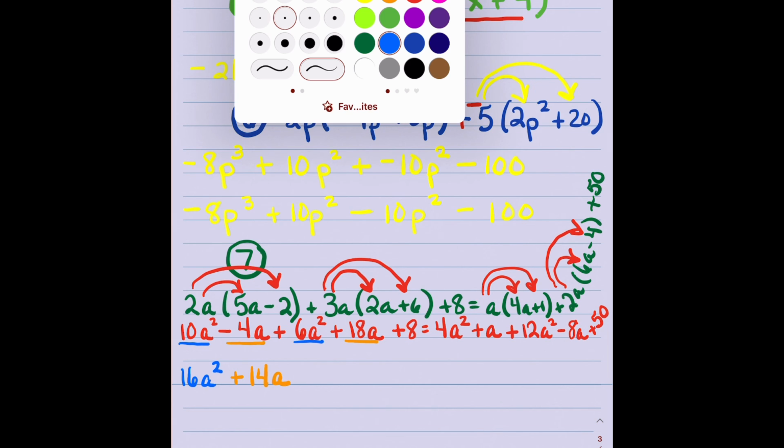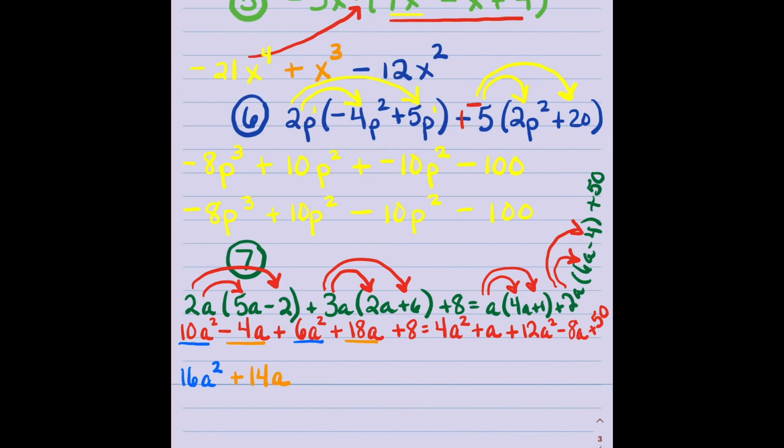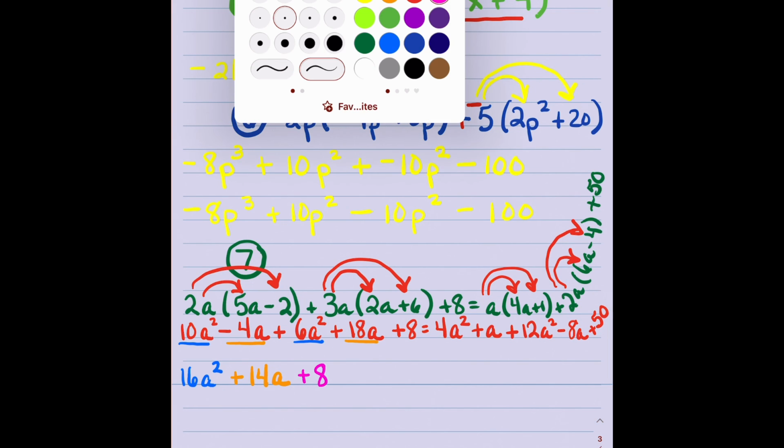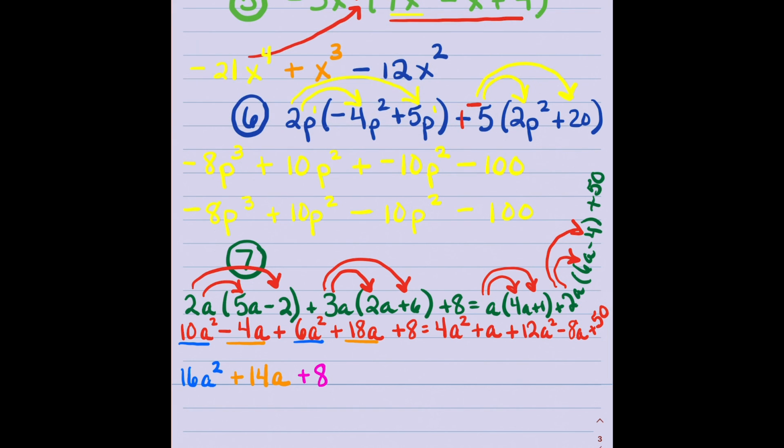Let's see, I already used that color. So, okay, so let's say equals 4a squared plus 12a. We'll put those guys together, 16a squared.